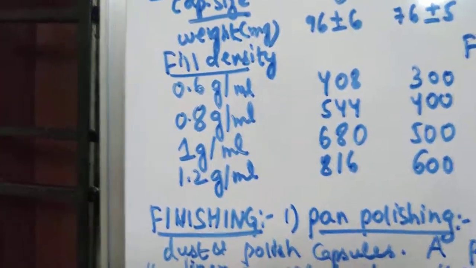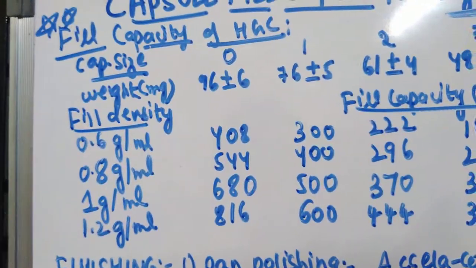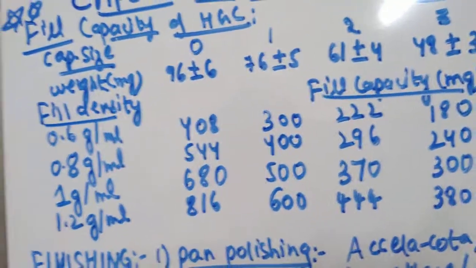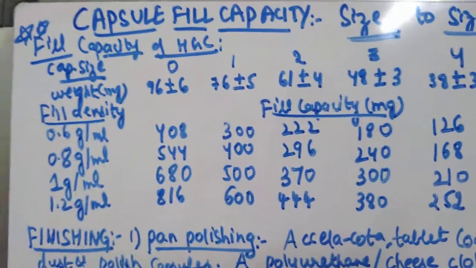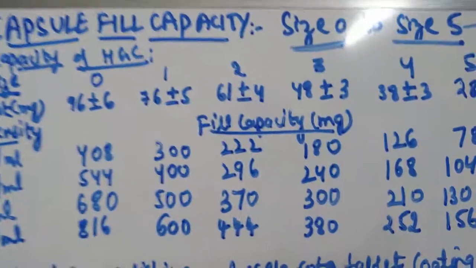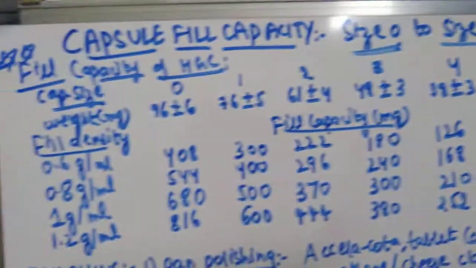Now we'll have a look at the various sizes and their capacity. The smaller the capsule size, the smaller should be the corresponding particle size to achieve a uniform fill weight. In order to achieve a uniform fill weight, the particle size should also be smaller if your capsule size is small.